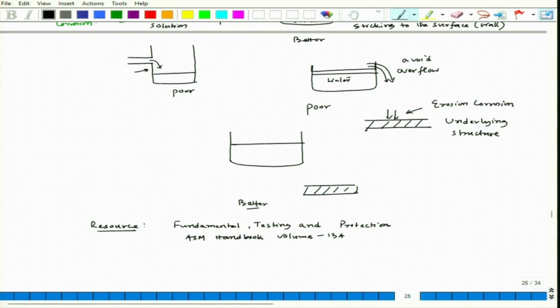So, this book you can also follow. So, let us stop here. We will continue our discussion on examples of better design in our next lecture. Thank you.